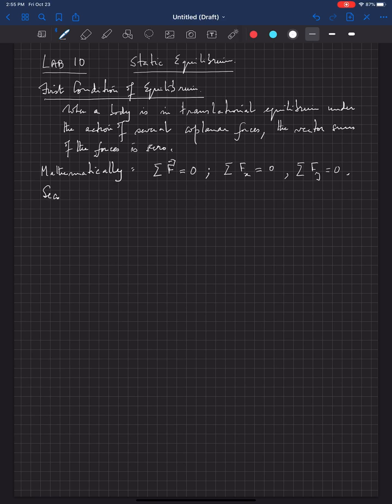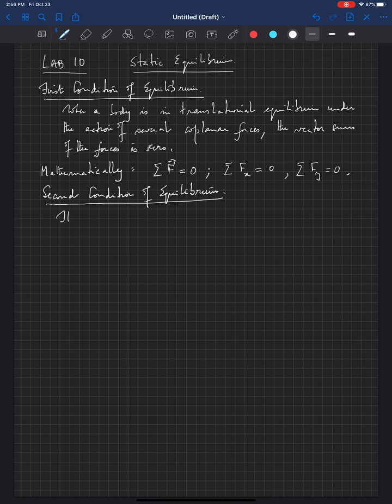All right, so now let's talk about the second condition of equilibrium. All right. Now, this condition of equilibrium corresponds to the absence of any tendency of a body to rotate in the presence of all forces acting on the body. Okay, so maybe you should write that down.